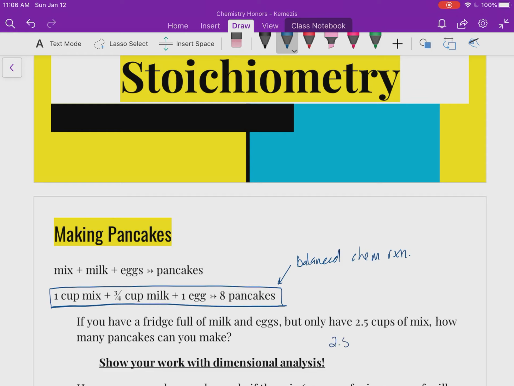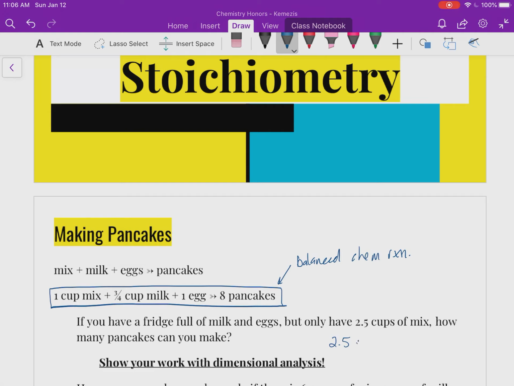That's the key here. And I know you can do this without dimensional analysis right now, and you can probably do it with fractions and ratios, but we are going to practice dimensional analysis so that when we get into the chemistry end of this and the real stoichiometry, we understand how our dimensional analysis plays into the stoichiometry.